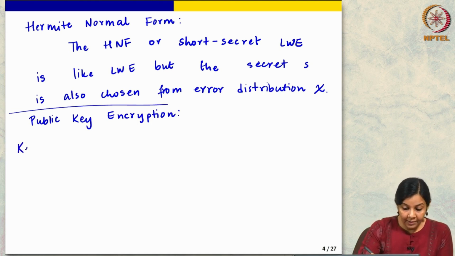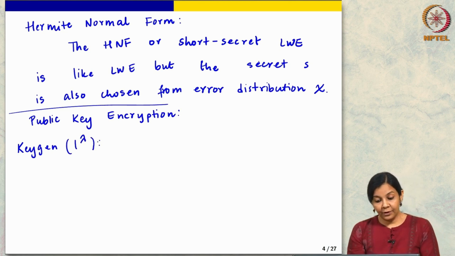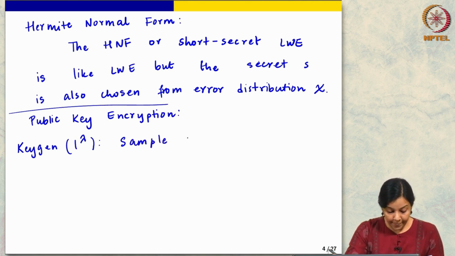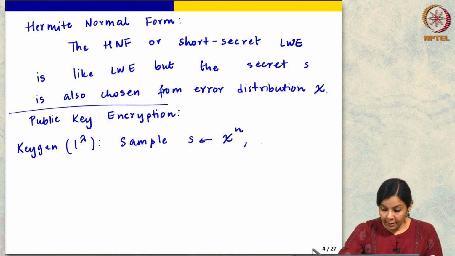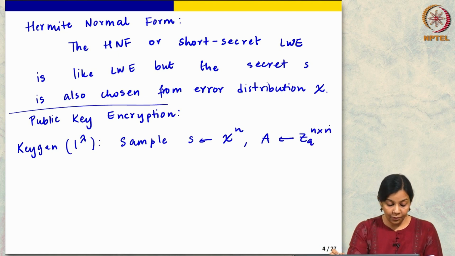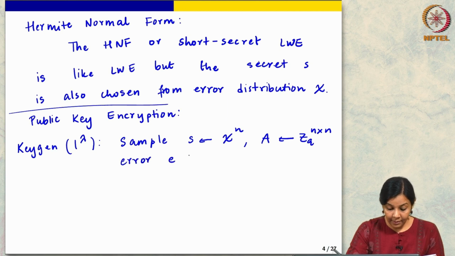Okay, so we have our key gen algorithm first. Remember, this takes a security parameter lambda, and samples S from chi to the n, A uniformly from Z_Q, let us think of it as a square matrix, and error E also from chi to the n.